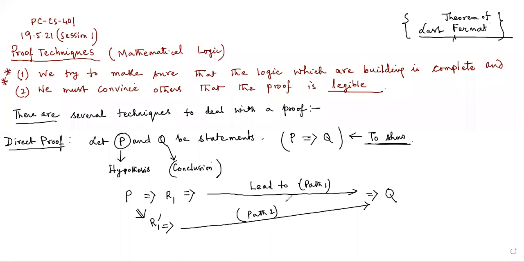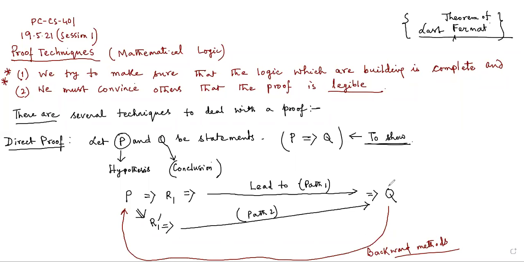So therefore, to build the logic in between capital P and capital Q, sometimes what authors or mathematicians do is try to convince themselves that Q follows from capital P. So they start with Q and apply some backward methods to build it: if Q is the conclusion, what was it preceded by, and then what was that preceded by.